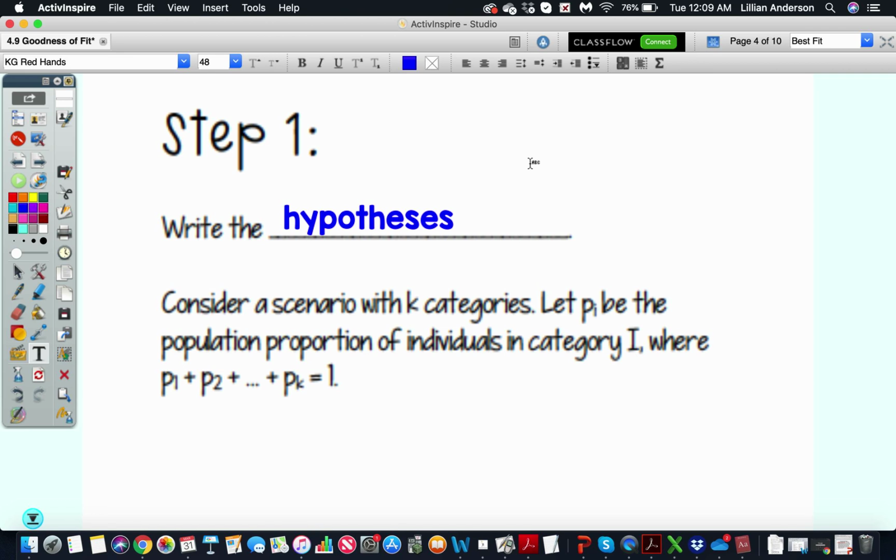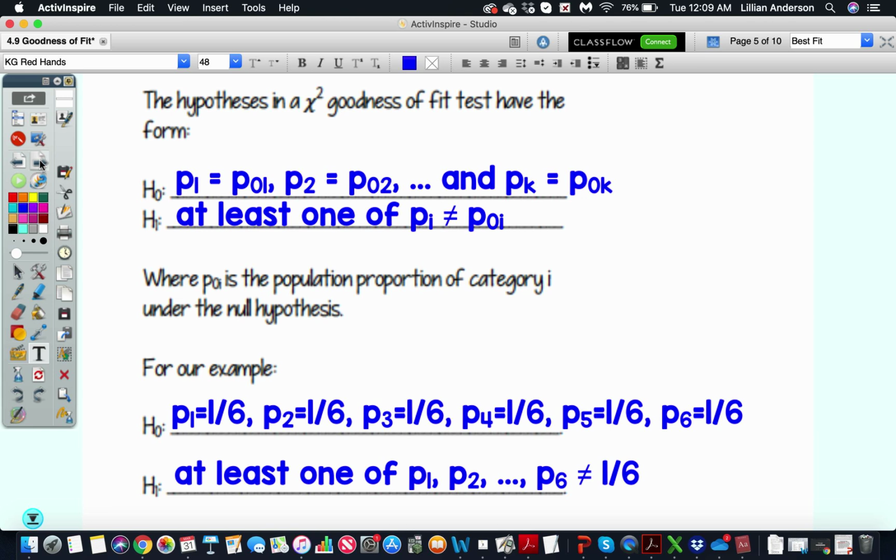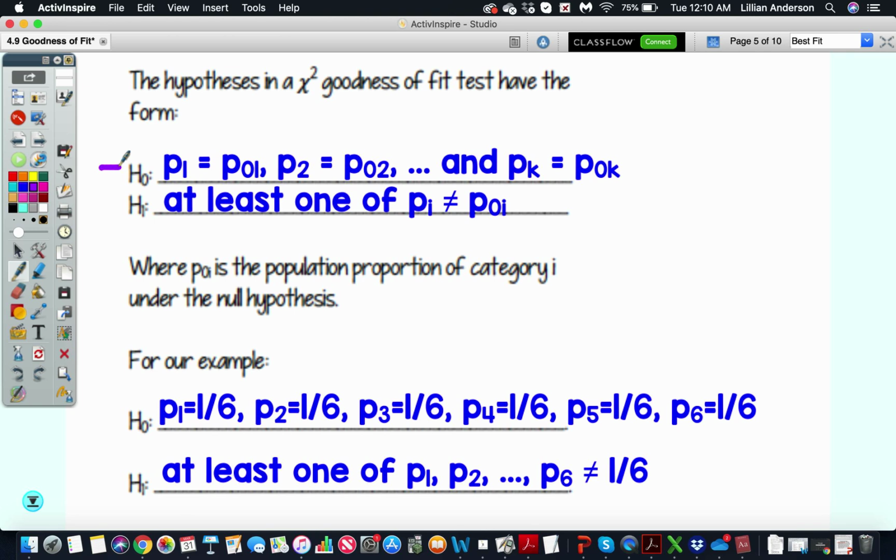Okay, so this kind of breaks down like this: your goodness of fit test does have a null hypothesis and alternative hypothesis, but the general makeup of the goodness of fit test is what you see here in these two lines.